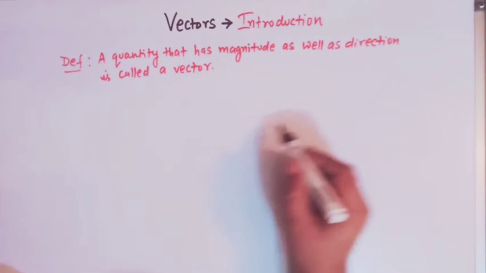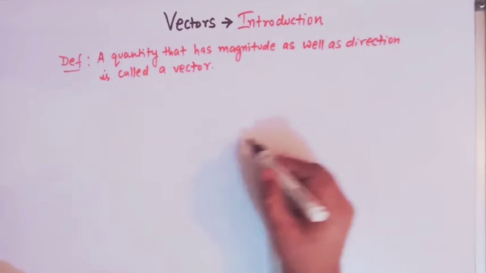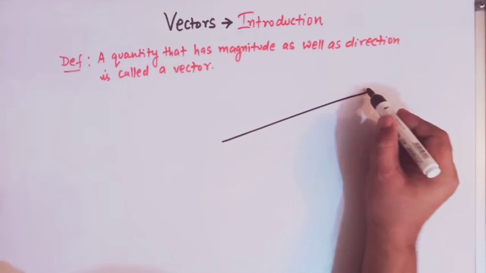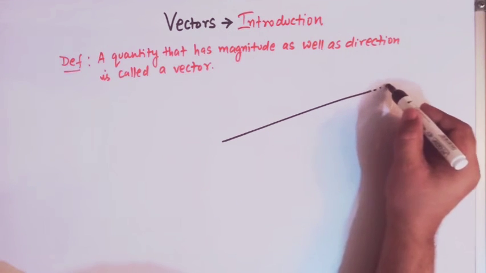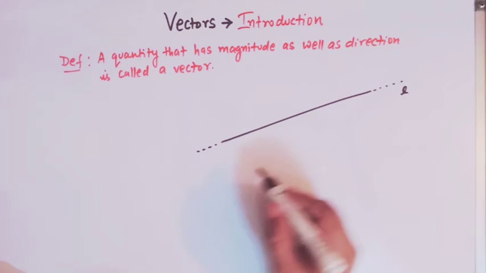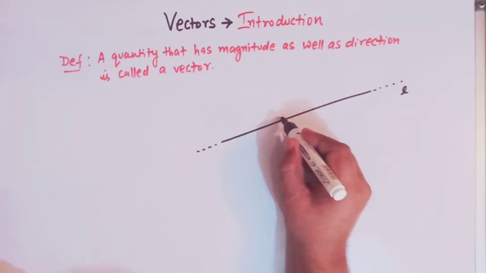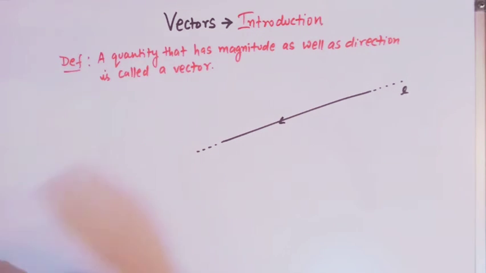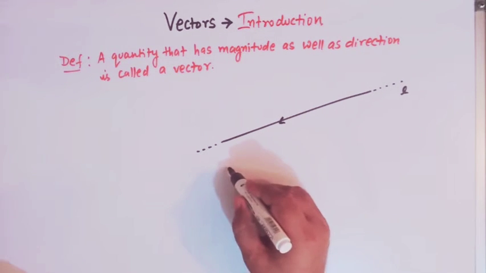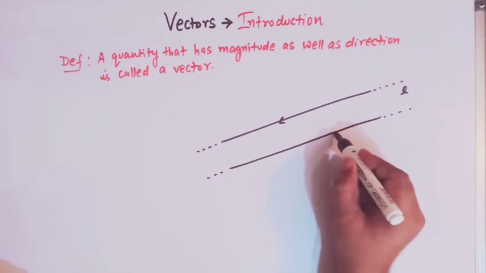Now let us consider a straight line in three-dimensional space. Suppose this is a line L, and this line has direction like this, clear? Or this line may have the direction like this.